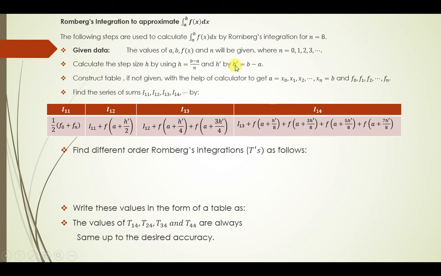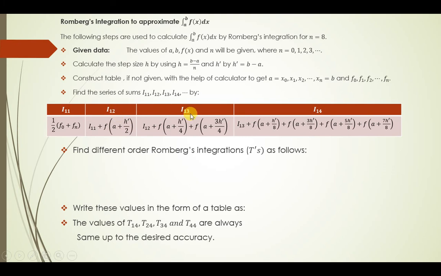H prime is b minus a, upper limit minus lower limit. So we replace a by its own value and h prime by its own value, divided by 2, and we see which value of the function is assigned to this value of x. So that is I12.